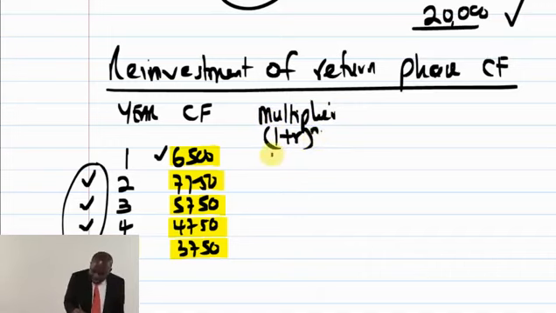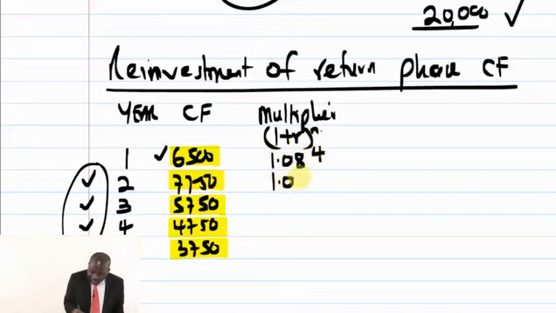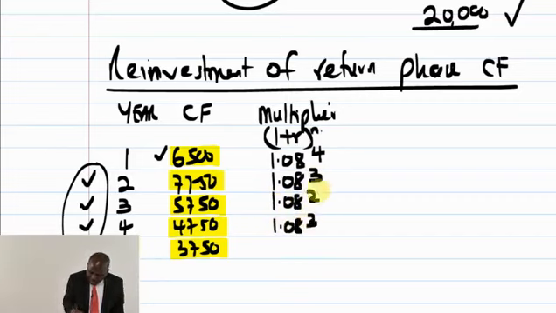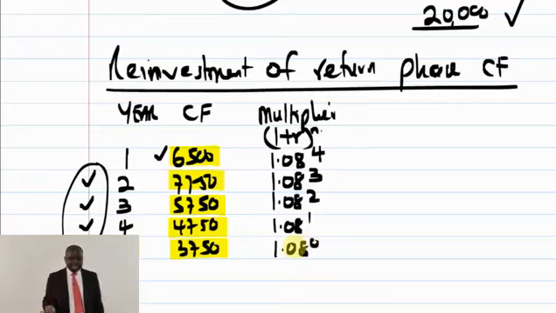So the first one is 1.08 raised to the power 4. Second one, 1.08 raised to the power 3. 1.08 squared, 1.08 to the power 1, and then 1.08 to the power 0. Any number raised to the power 0 is equal to 1.